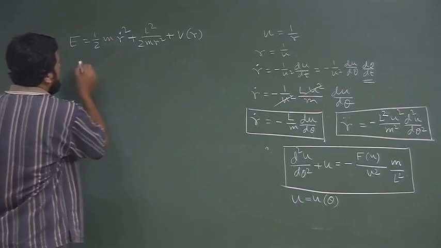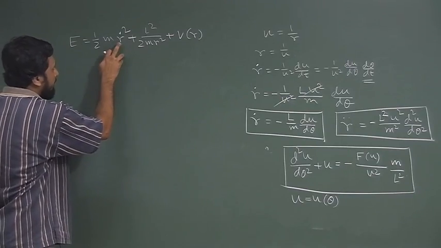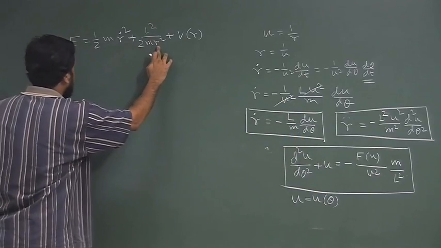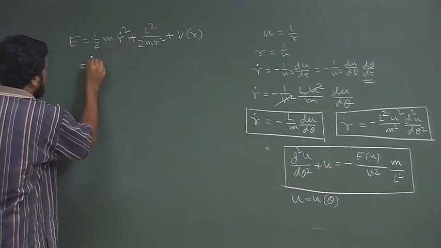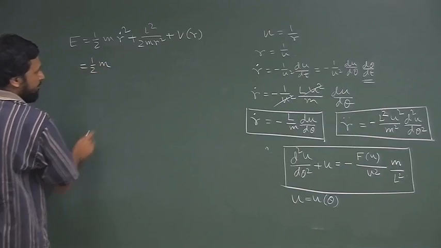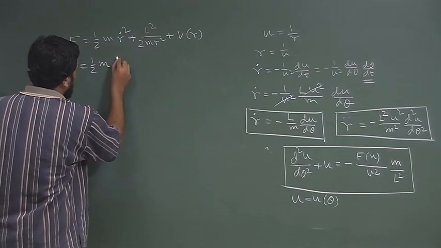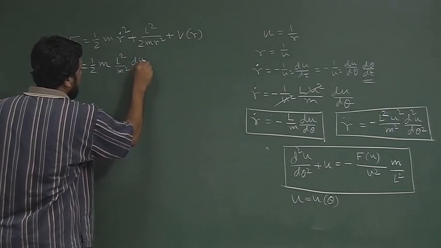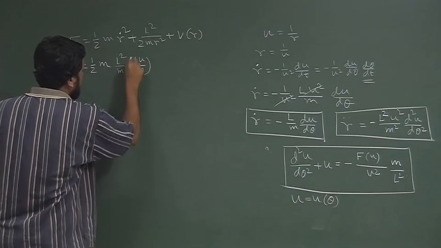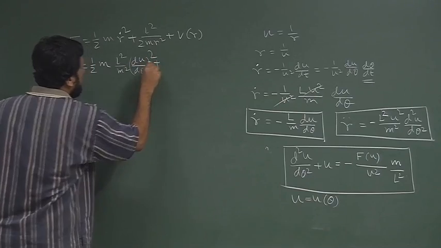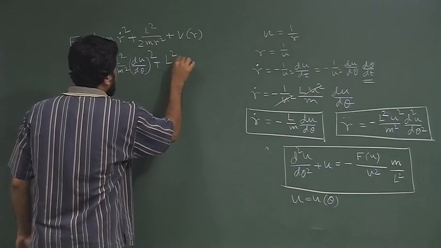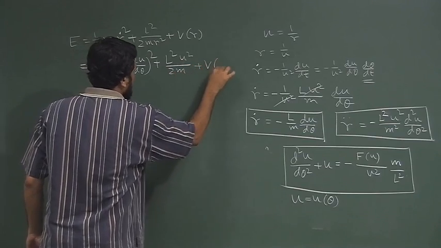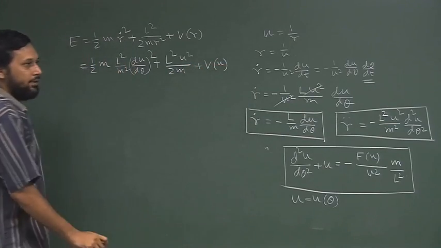If we now substitute r dot with this expression and r with u, then the energy expression becomes half m L square by m square du d theta whole square plus L square u square by twice m plus V of u.